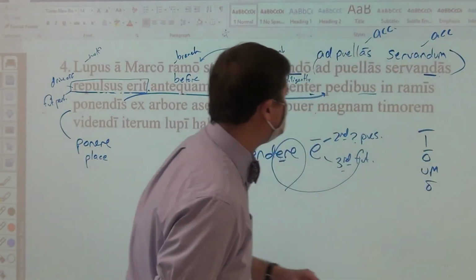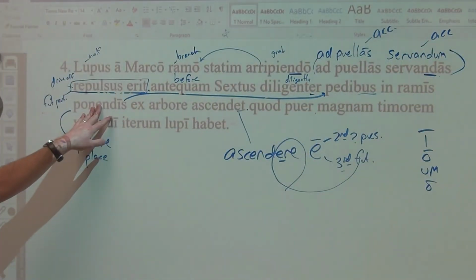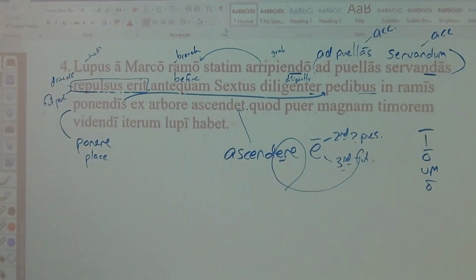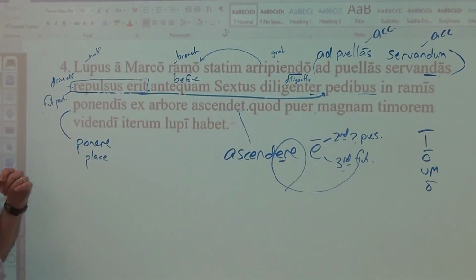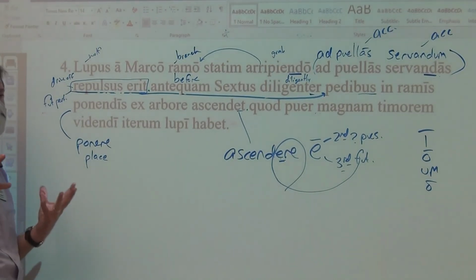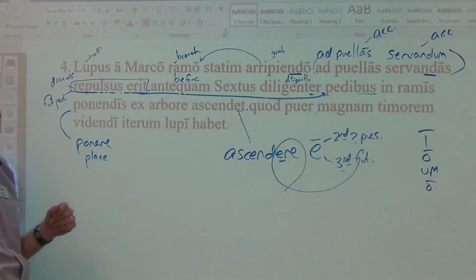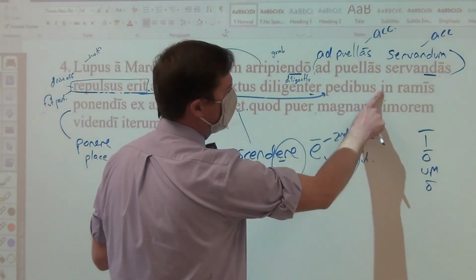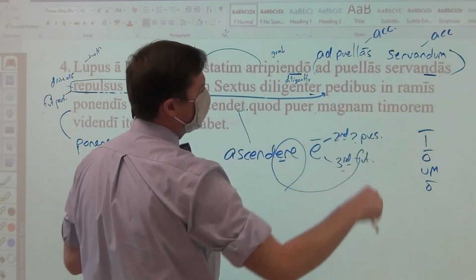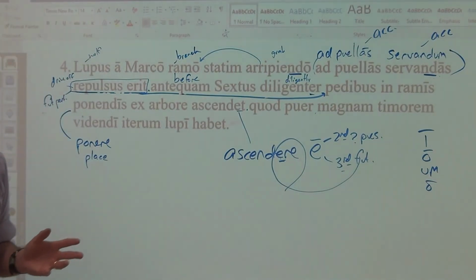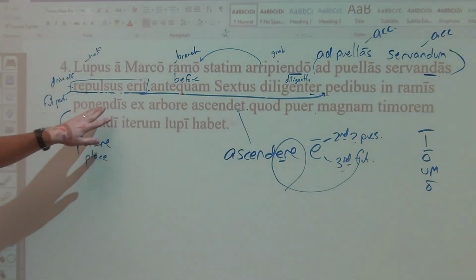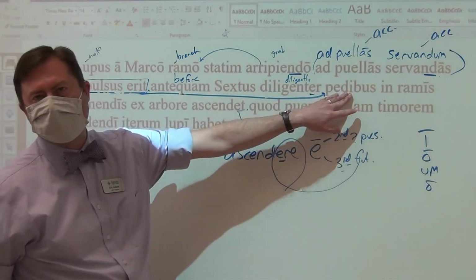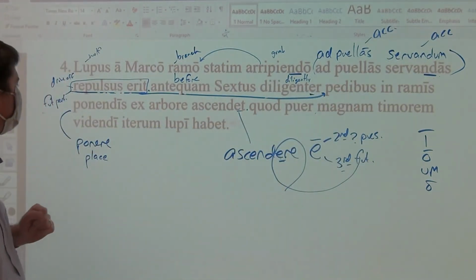What would it be if you wanted to say by putting his feet on the branches? Ponendis would have to turn into by putting, by the act of putting, and it would have to be a gerund, and pedibus would then become the direct object. Remember it's third declension. Do your best to try to render those two words, turning that into a gerund and that into the direct object of the gerund.